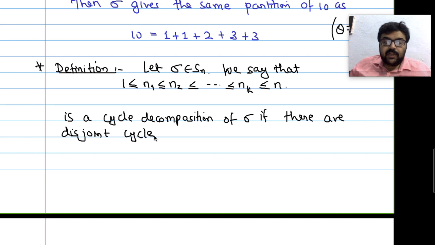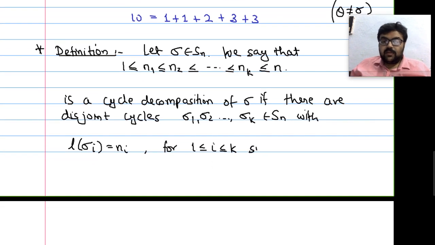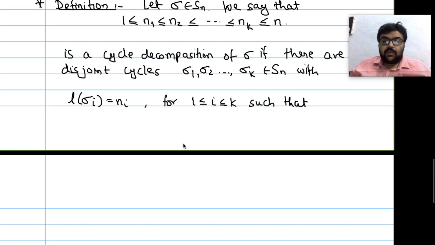We know sigma can be written as a product of disjoint cycles. So if there are disjoint cycles, the first of length n1, the second of length n2, and so on, disjoint cycles sigma 1, sigma 2, up to sigma k in Sn with length of sigma i equal to ni, for all i with 1 less than or equal to i less than or equal to k, then two conditions should be satisfied.